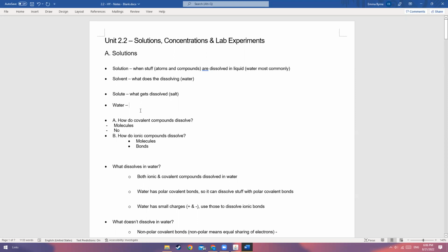Now, what's unique about water, and this is actually a definition, is that water is a super solvent. Water dissolves the most solutes compared to other solvents.